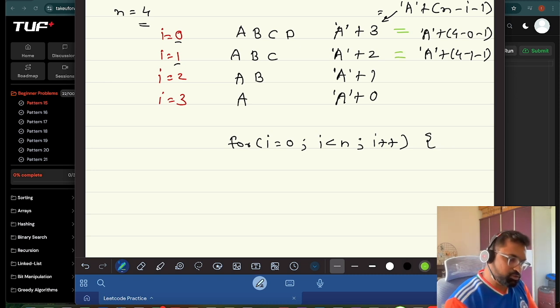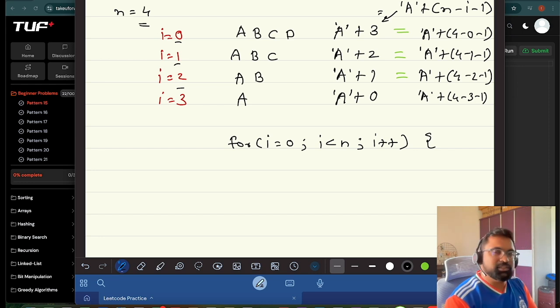Then again 4 minus 2 minus 1, yes, 1. Then for the last row, 4 minus 3 minus 1 is 0 only.